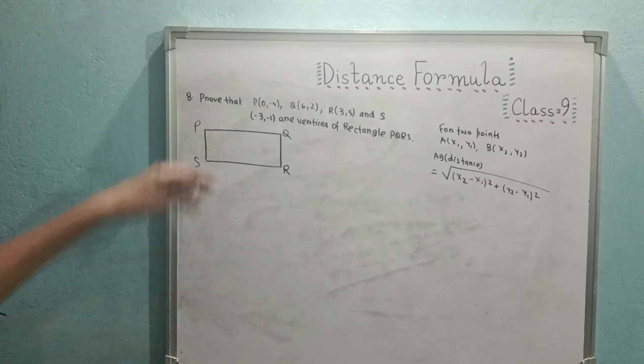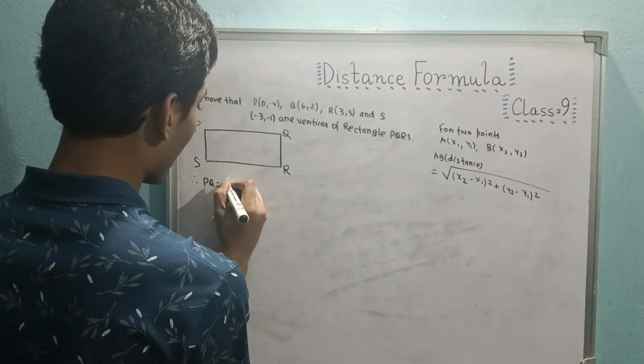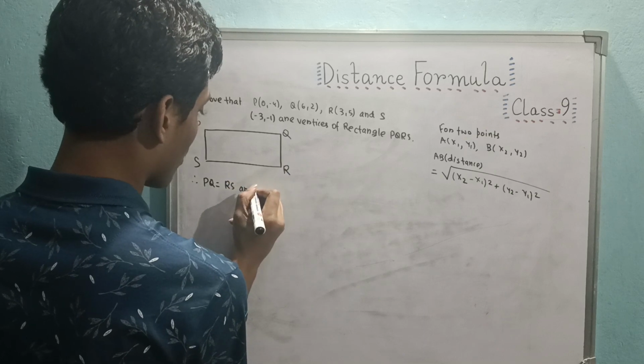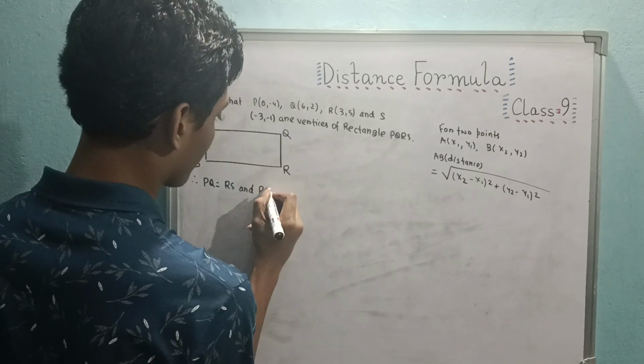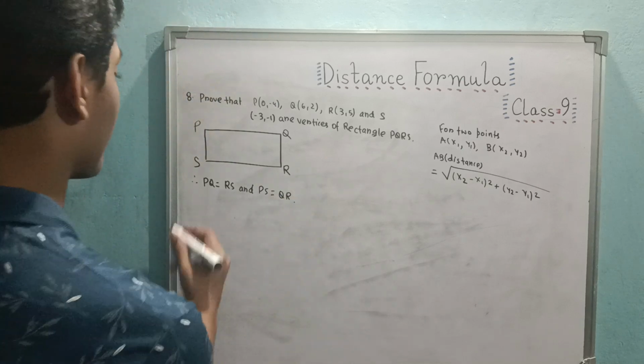Then what do we know? The opposite sides of a rectangle are equal. Therefore, PQ equal to RS and PS equal to QR. Now, PQ is what?